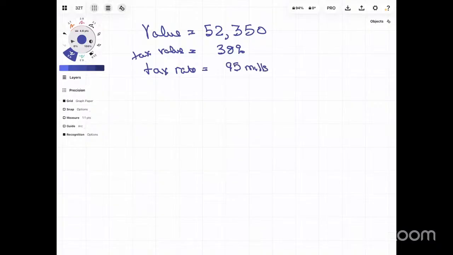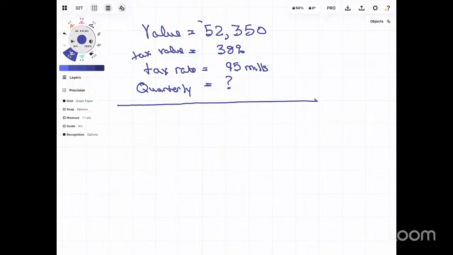And it's asking us what is the quarterly tax amount. So first, we're going to have to figure out what the taxes are for the year.